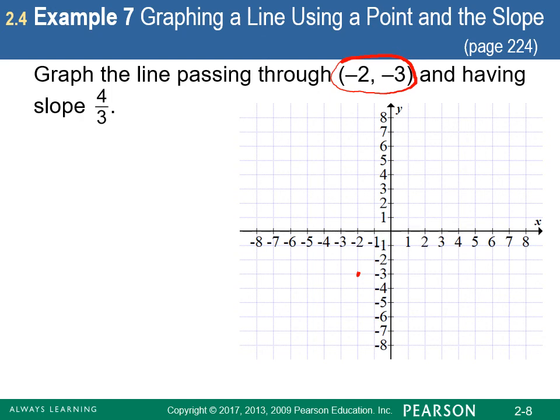Now from that dot, we need to count up 4 and to the right 3. So 1, 2, 3, 4 up, 1, 2, 3 to the right gives us our second dot. And we connect those dots with a straight line to get the graph.